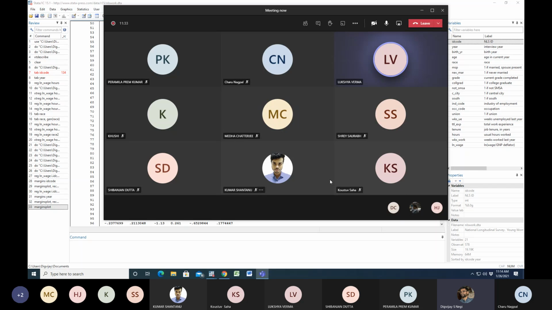So this is an example where even though our beta coefficient is unbiased, we may have a low R square. So that's not a problem. Yes, exactly.